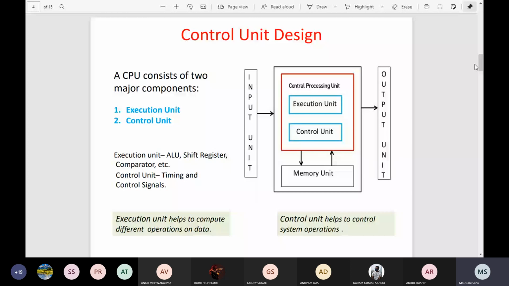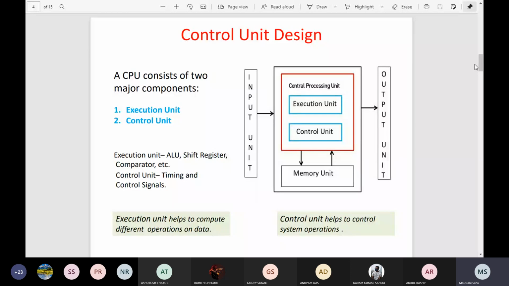Any computer has these components, that is the central processing unit, memory unit, and input and output units. The central processing unit, you have already studied, has the execution unit and another part, the control unit. So what is the basic difference between execution unit and control unit?